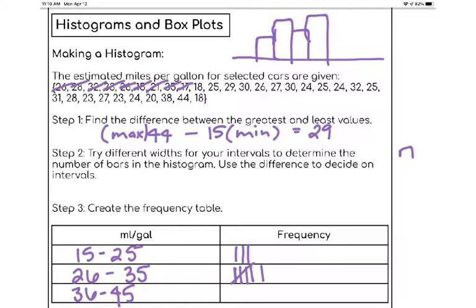17, 18, 25, 29, 30, 26, 27, 30, 24, 25, 24, 32, 25, 31, 28, 23, 27, 23, 24, 20, 38.